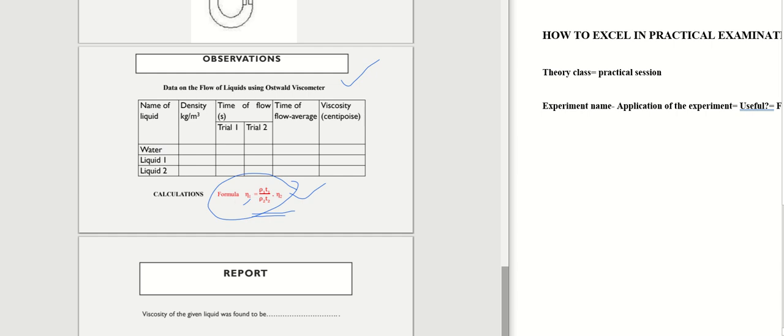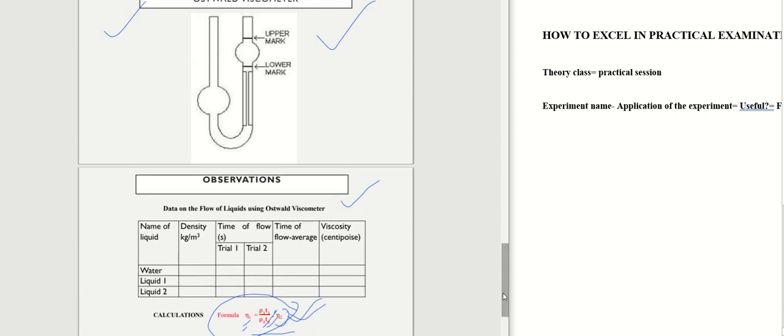Suppose this is the viscosity of the liquid to be determined. Of course, this is the viscosity of the standard liquid like water, rho 1 and rho 2 are the densities, and T1 and T2 are the important parameters to be noted. T1 is the time taken by the unknown liquid to fall from the upper mark till the lower mark, and T2 is the time taken by water to move from the upper mark till the lower mark.